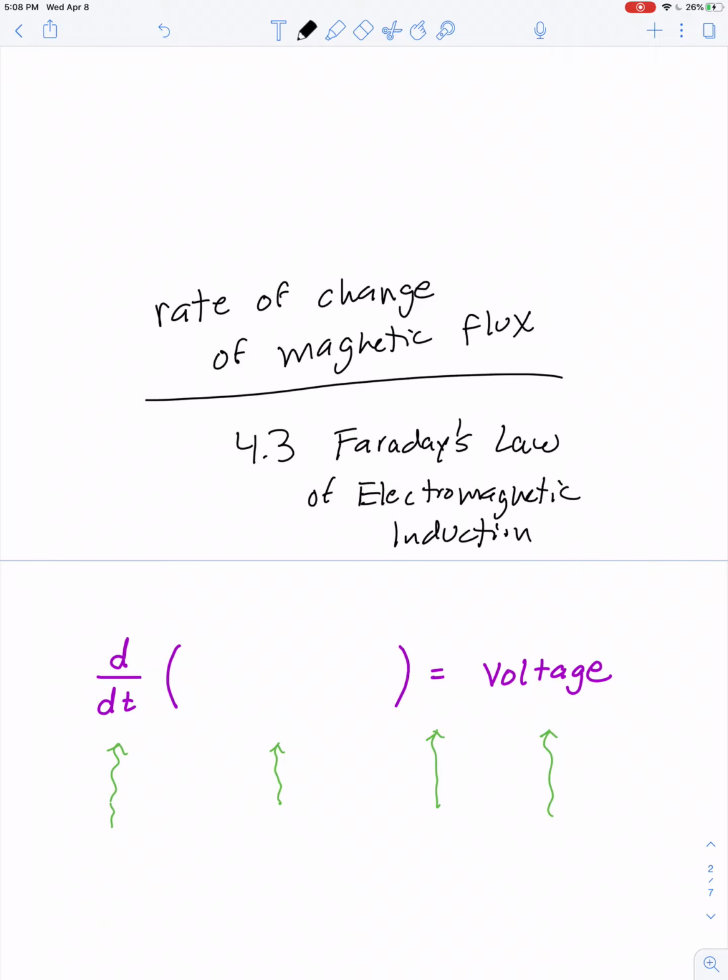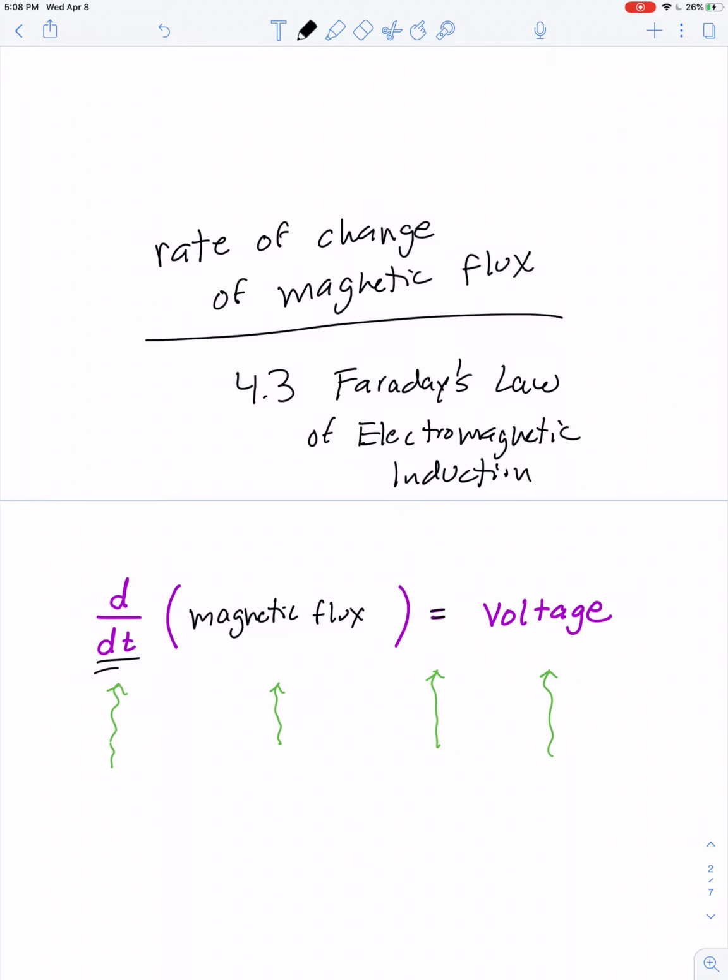So if it's the Webers per second we're interested in, then I guess that says we can take the time rate of change of magnetic flux and say that that's equal to some number of volts, right?